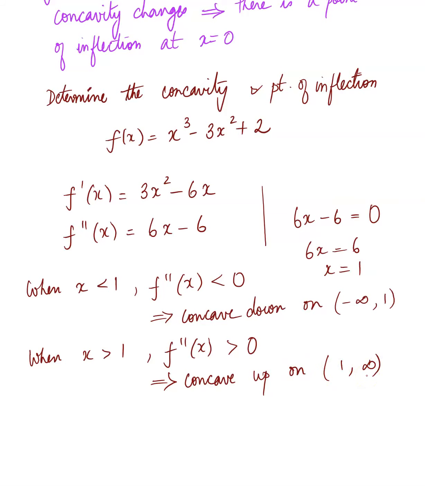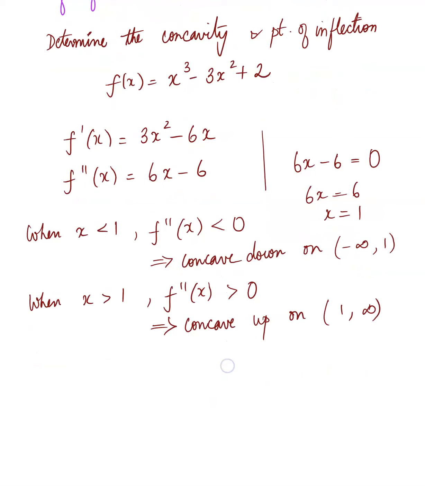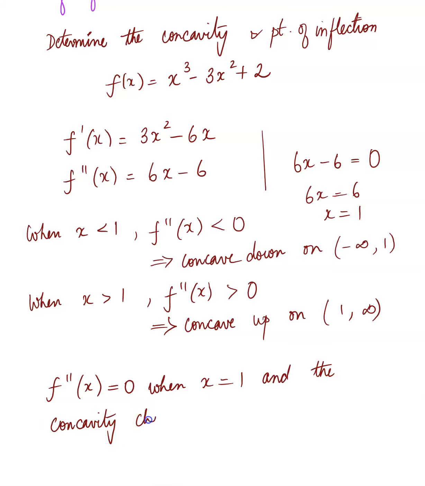Now we need to see if we have a point of inflection at 1. We know that f double prime of x is 0 when x is equal to 1, and the concavity changes at x equals 1.